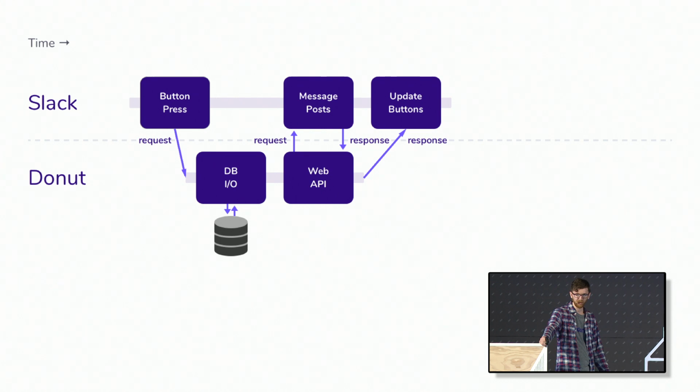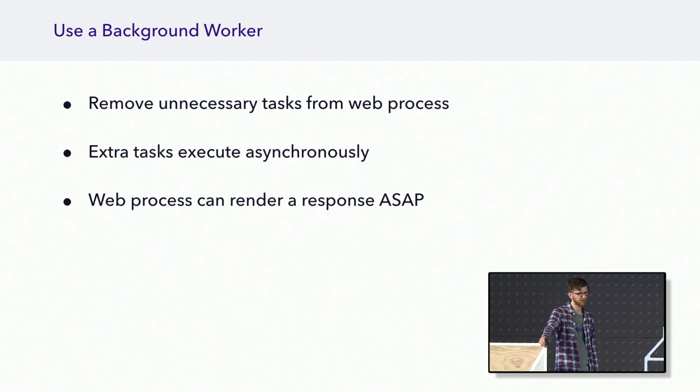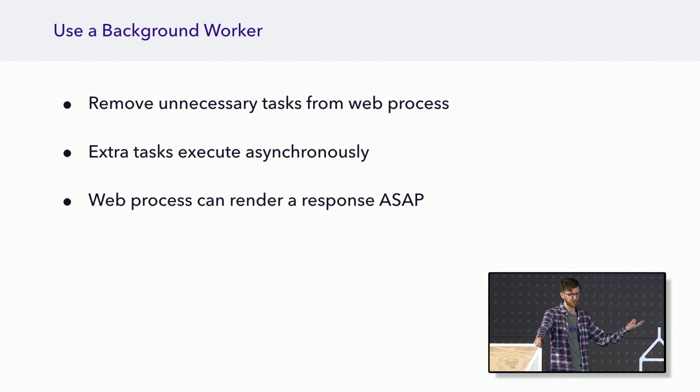There's a couple ways to do it, and the one that we use is a background worker. If you're not familiar with the idea here, a background worker is another process running in the background that can take tasks off of the web process, so you don't need to have those happening synchronously in the web process.